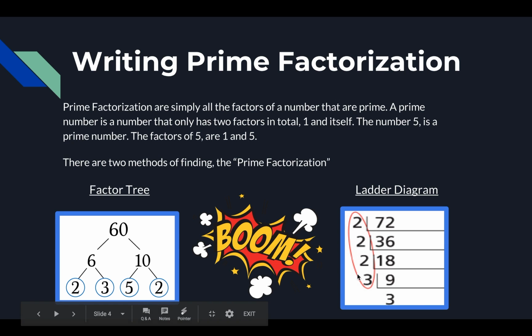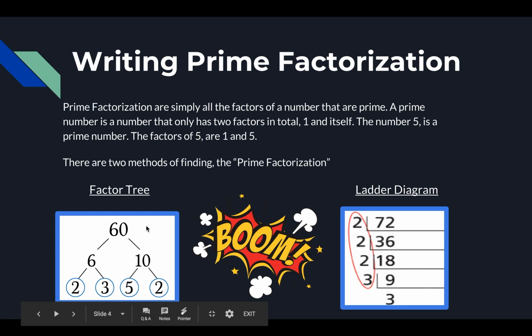This has to be a prime number: 2, 3, 5, 7, 11, things along those lines. And so you keep dividing by a prime number until you get a number that cannot be divided anymore. Okay, so 2, 2, 2, and 3 are prime factors, you would say.